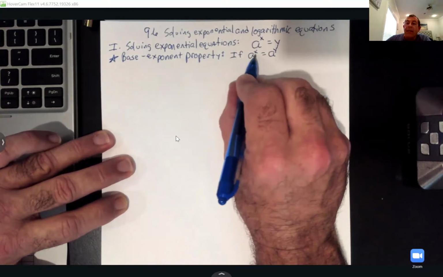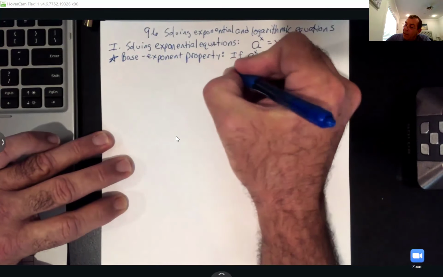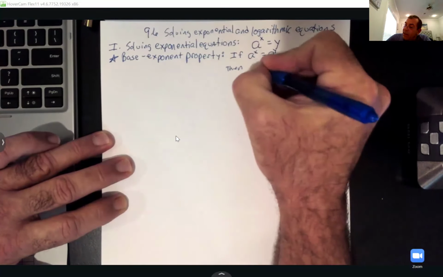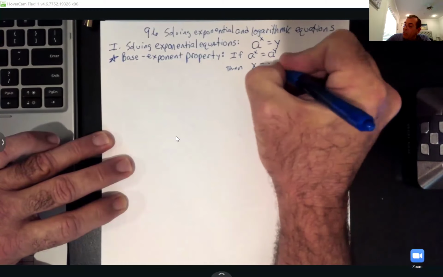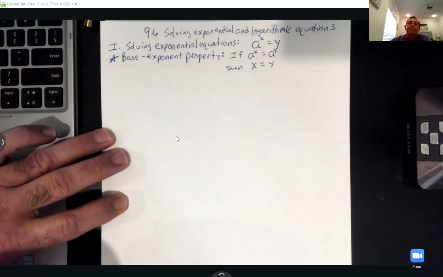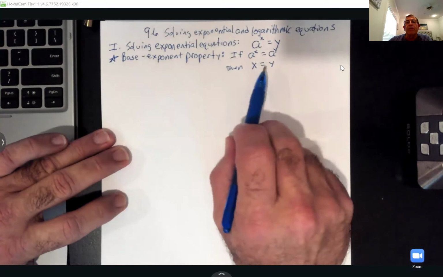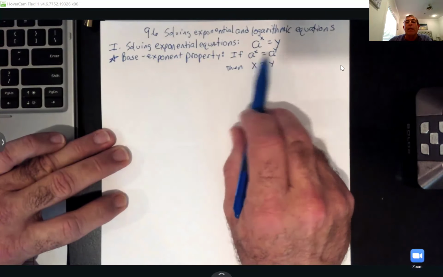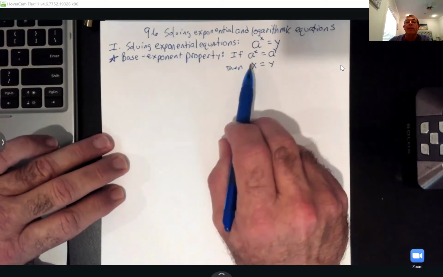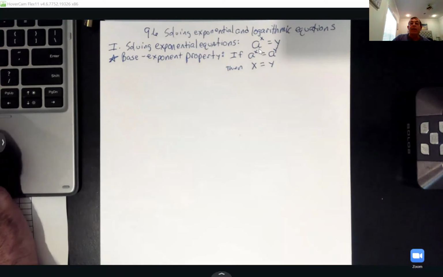So if a to the x equals a to the y, then x equals y. Sometimes to solve exponential equations, we try to rewrite them so they have the same base. That way we can set the exponents equal, okay?